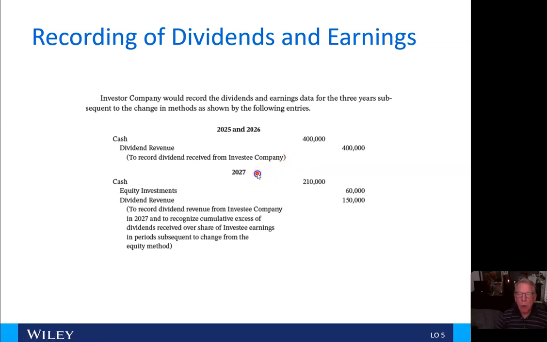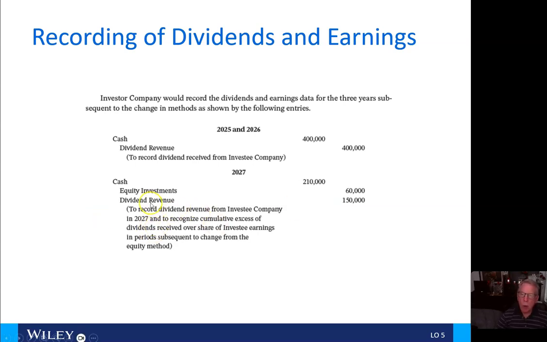Now in 2027, we're going to debit cash for 210,000, credit equity investments, reducing equity investments by 60,000, and record dividend revenue of $150,000.